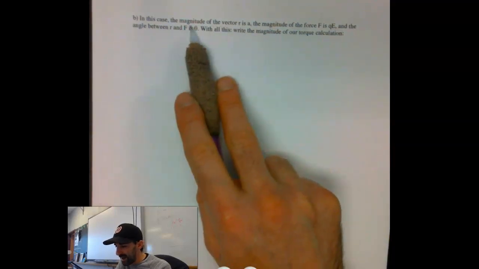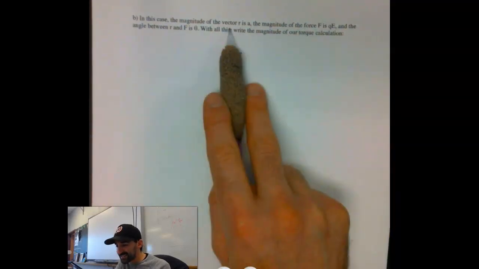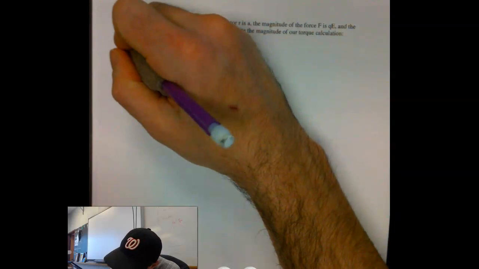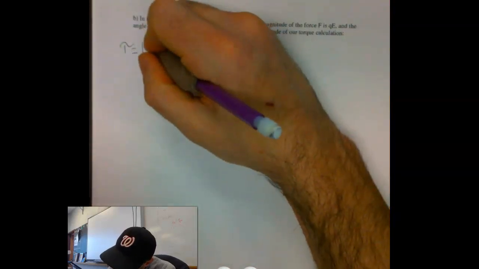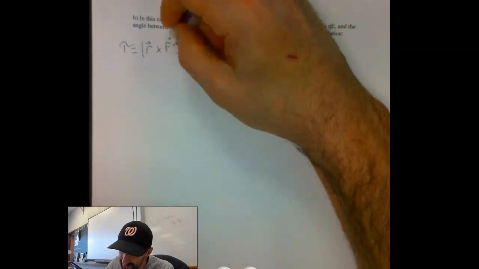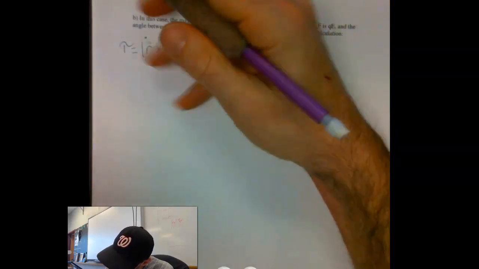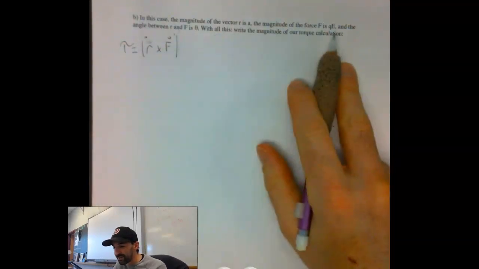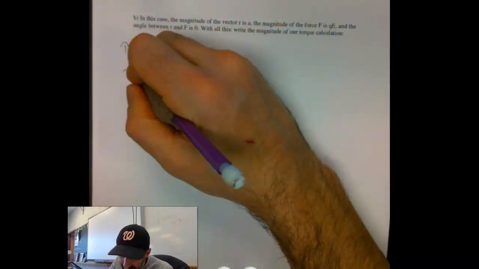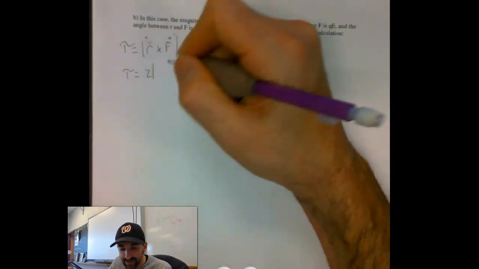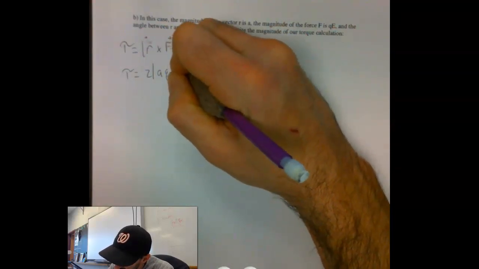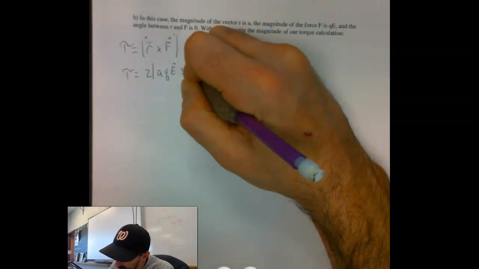So part B, give it a quick case. I'm going to define some magnitudes and give you things to substitute in. Torque, by definition, we're looking for the magnitude. We know is, again, R cross F. So plugging in everything that they're going to ask us to plug in in this case, the vector R is equal to A. I'm going to say that my torque is equal to 2 times A times QE times the sine of the angle in between.